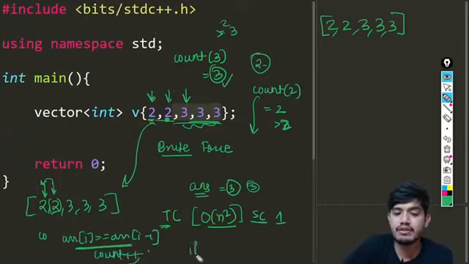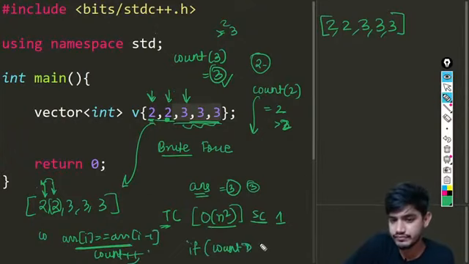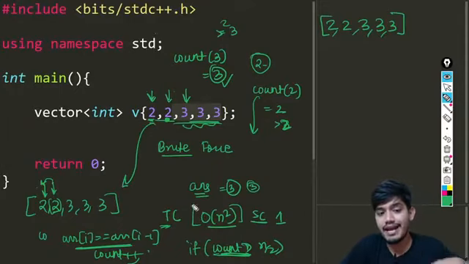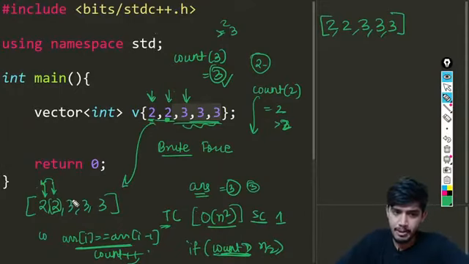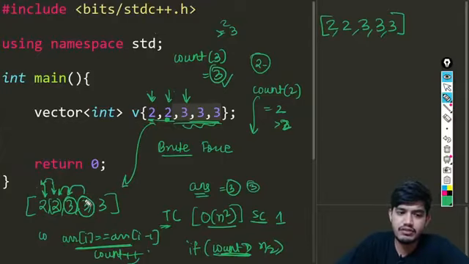And you check the condition: if the count is greater than n by 2, you can accept that solution. For this, if you start here you will not get anything. Here you can see this is matching this, so that is the first match. Then you got the second match. You always start your count from 1, because we already have 1.